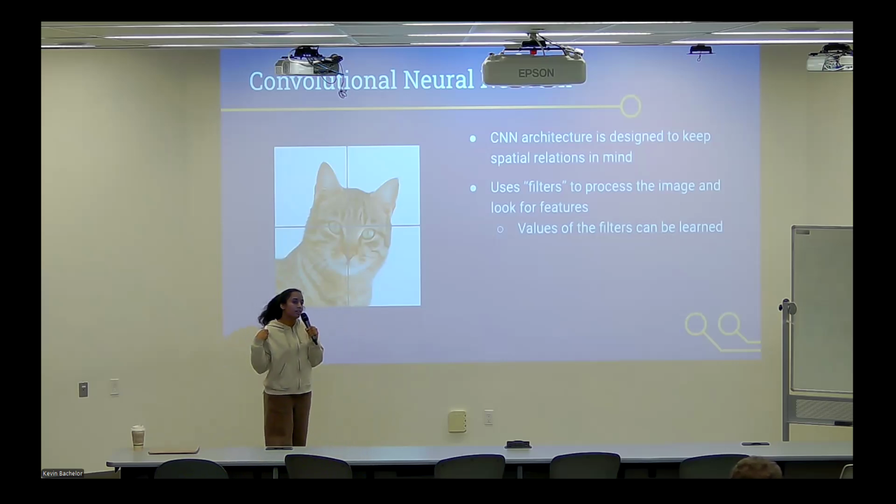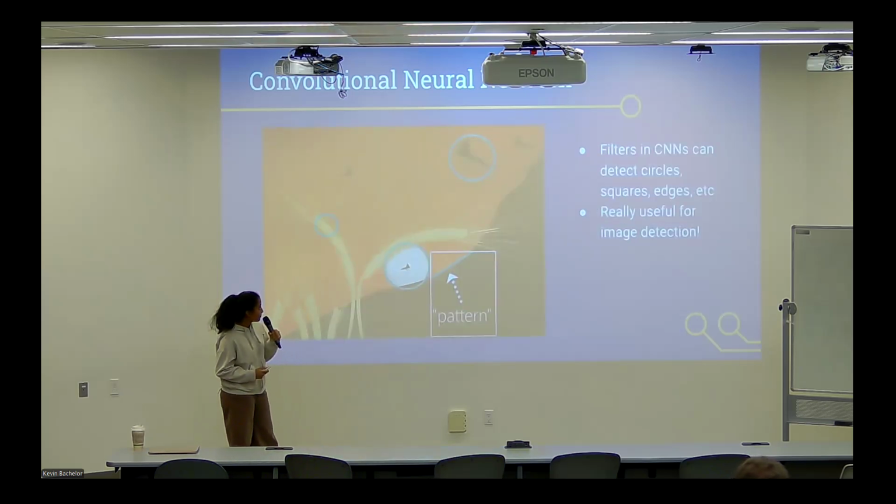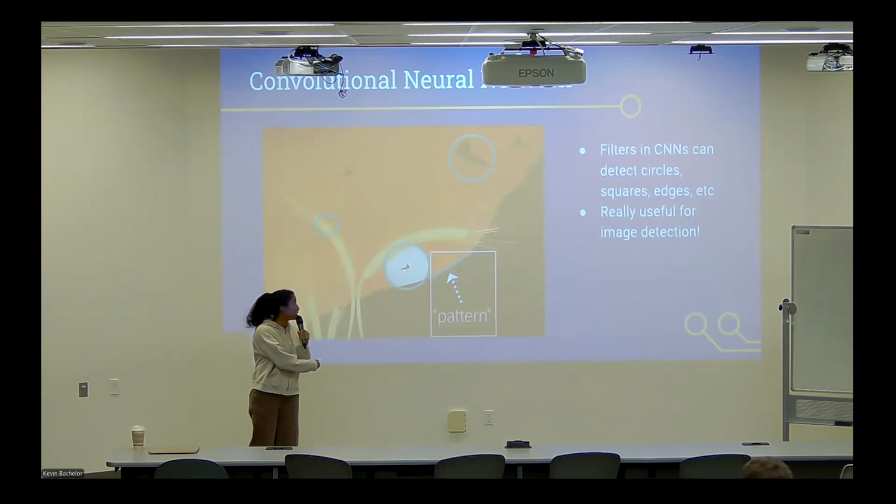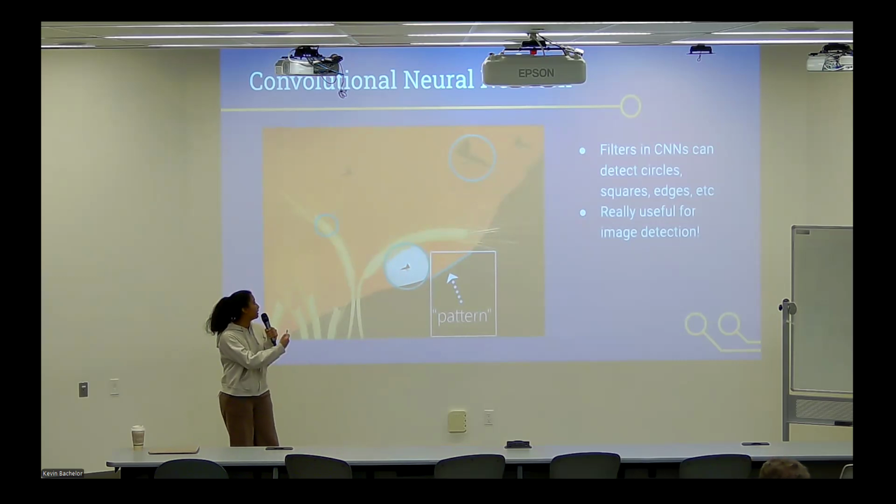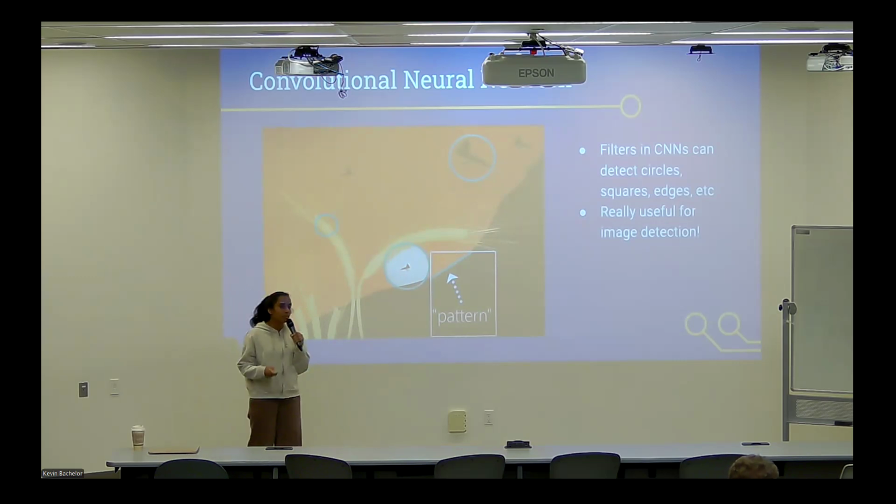For example, if we have a cat, we want to look for fur, and if we have a tree, we want to look for different features. So again, CNNs can detect all the features that I just described earlier. It can detect the circles, the colors, the edges. So it's really useful for image detection.